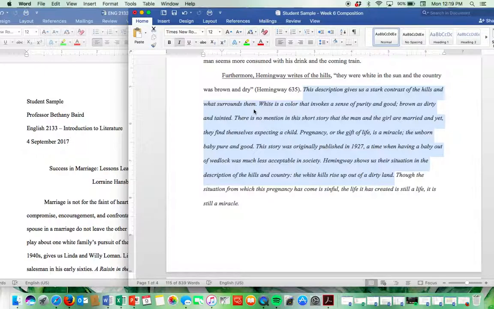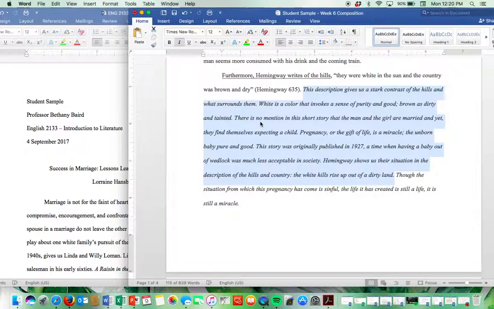Brown is dirty and tainted. There is no mention in this short story that the man and the girl are married, and yet they find themselves expecting a child. So here we're connecting it now to the underlying issues. And so just make sure that your reader is on board with you and that you've completely explained the significance of the quotes that you're using.